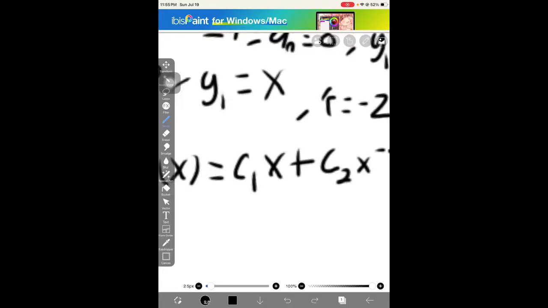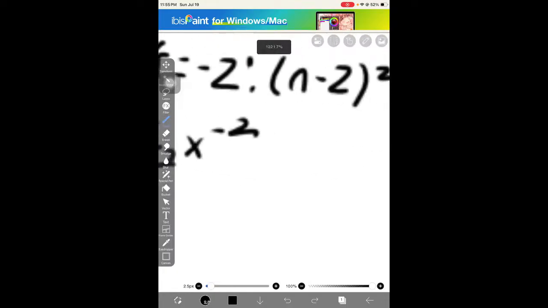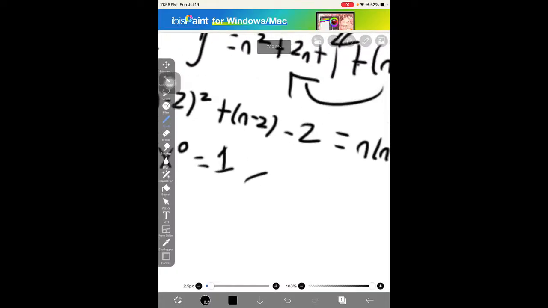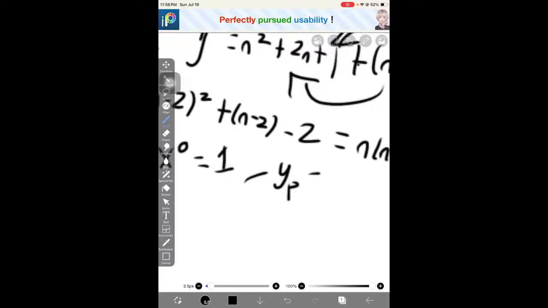Now the particular solution, this is going to be a little bit tricky. The right hand side of the equation can be expressed as x to the power of 0, and that's going to give us 1. So I want to try expressing the particular solution as some kind of constant alpha.